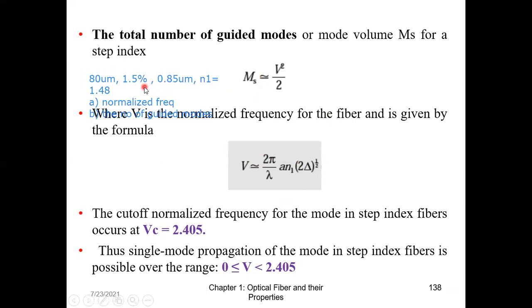Divide by 100, so that is 0.015. Then calculate and let me know the answer. And once you have V, you find out the number of modes, which is given by V squared by 2. Try to retain the decimal points.